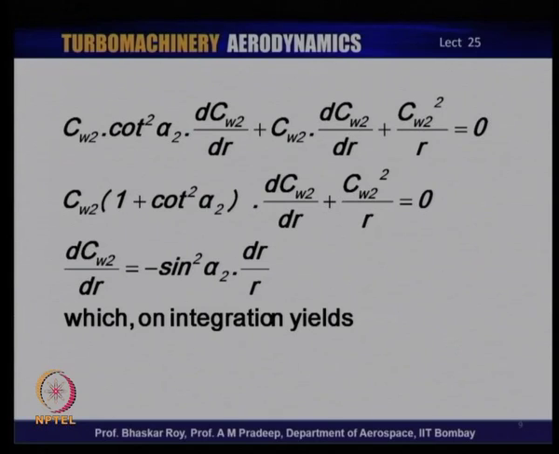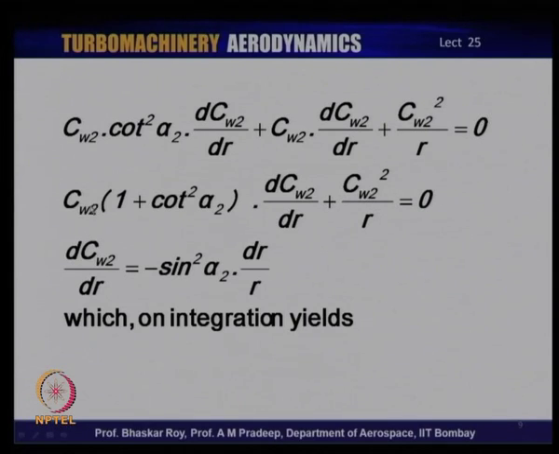We are invoking the energy law at the entry to the rotor, as we have done in case of compressors, and then with this design law for turbines, we get a situation that C W 2 d C W dr and C W 2 square by r is equal to 0.